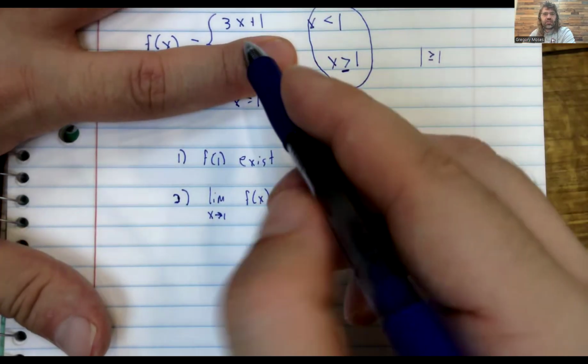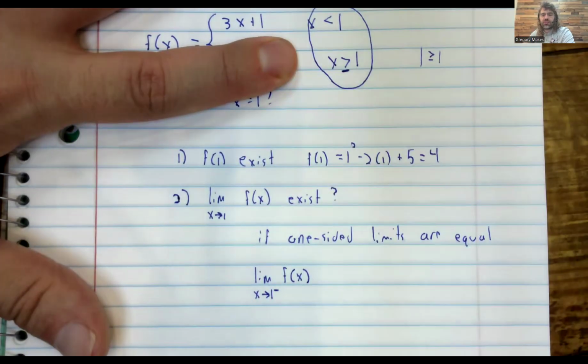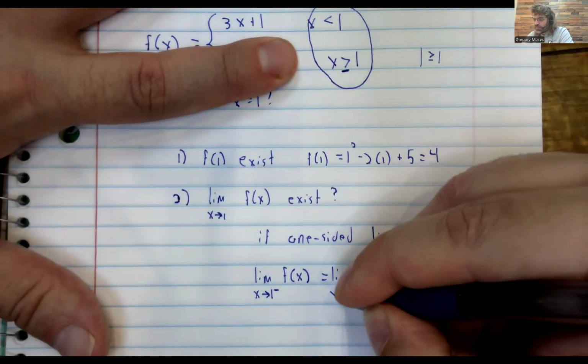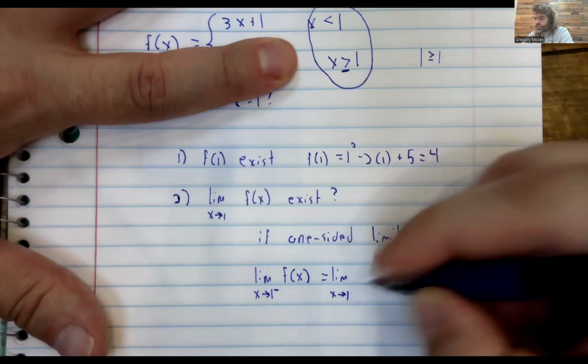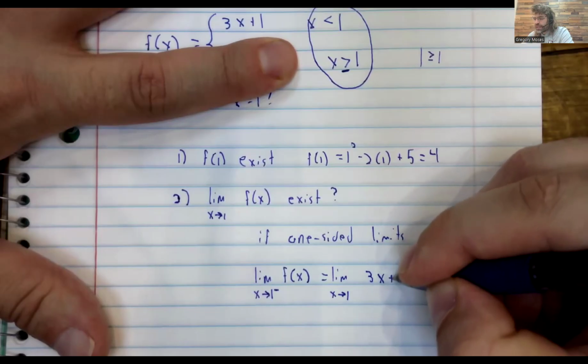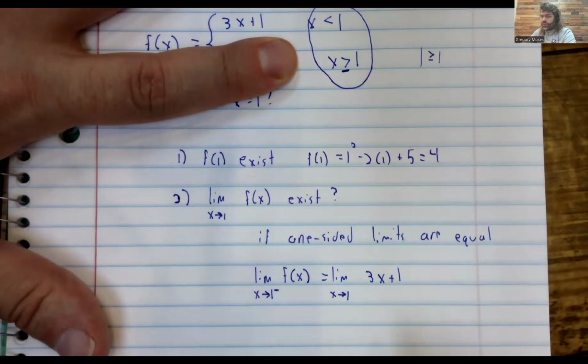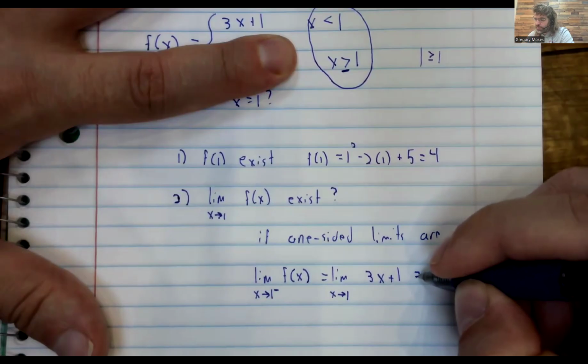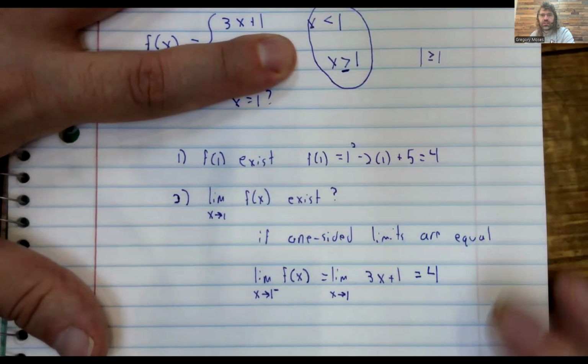And if we're less than 1, we're in this piece. So we're taking the limit as x approaches 1 of 3x plus 1. And 3x plus 1 is a polynomial. We can take its limit by taking this and 1 and plugging it in. 3 times 1 plus 1. This is 4.